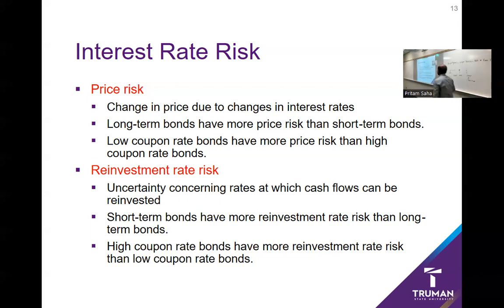The first risk is price risk. Why is there price risk? Because if you want to trade the bond, the price will fluctuate depending on market interest rate fluctuations. And the risk is, if interest rate goes up, price will go down, you will lose your investments. That is the price risk.